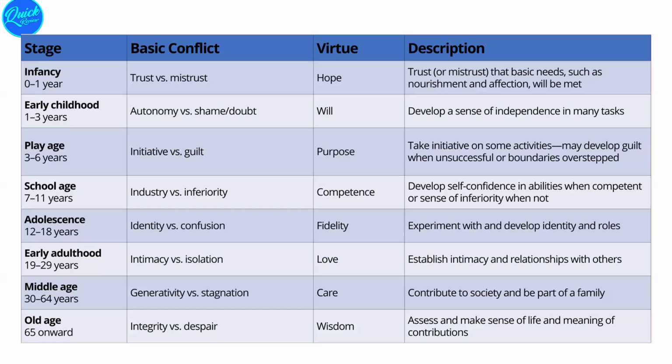Then we have adolescence, that is 12 to 18 years. Here the basic conflict is identity versus role confusion, and the virtue is fidelity. So here, now the child is creating his own identity, an independent identity. He wants to dress like whatever he wants, hairstyle, whatever he wants, like creating an identity.